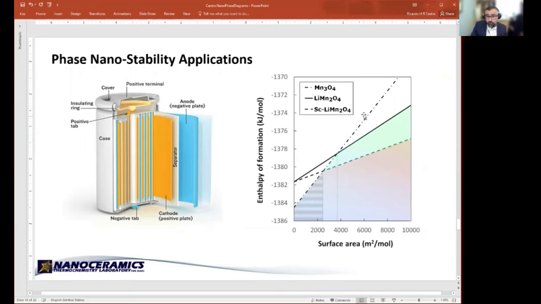Because this is all true for all the systems, even for systems with high applicability, like for example materials for batteries. Looking at cathode structures, one of the candidate materials is lithium manganate, LiMn2O4. This is one of the compositions, and it is very important to understand the phase stability of this material, particularly if you go to the nanoscale. Why would I want to go to the nanoscale in a battery?